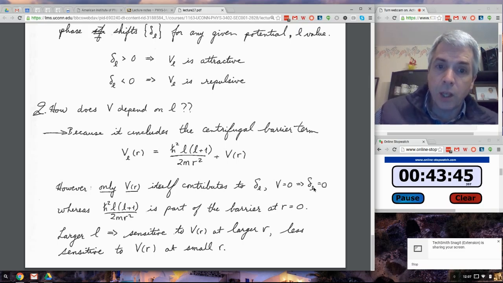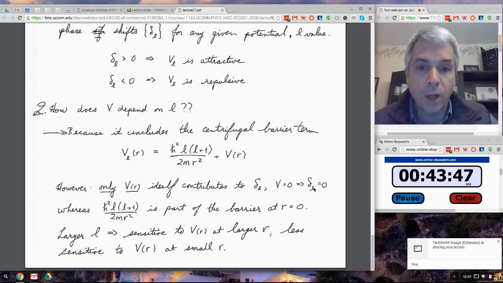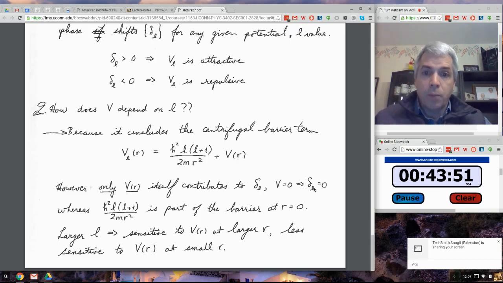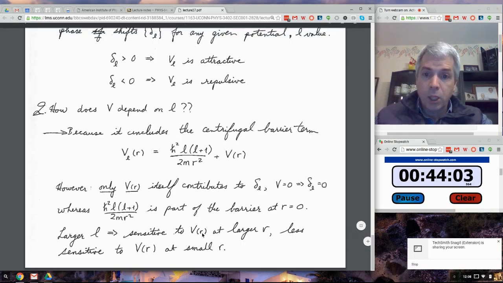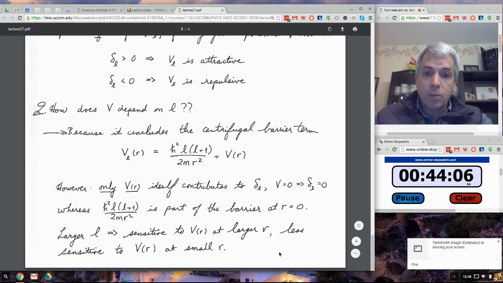And you can imagine that a full string of those phase shifts are going to be a prescription for mapping out V from small to large radius. Larger L, you're picking up information about the potential at large R. At small L, you're picking up the small distance behavior of V.